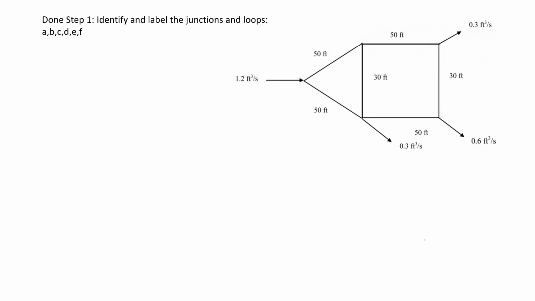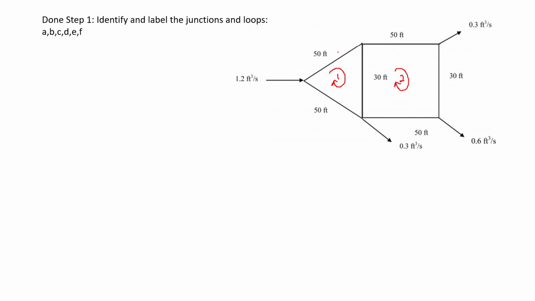We move on to step 2. How do we do this? You already did step 1. You identified the loops: this is loop 1 and this is loop 2.